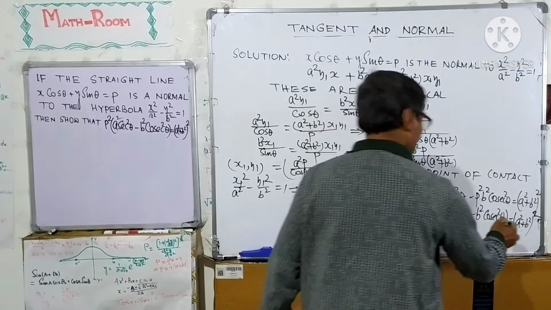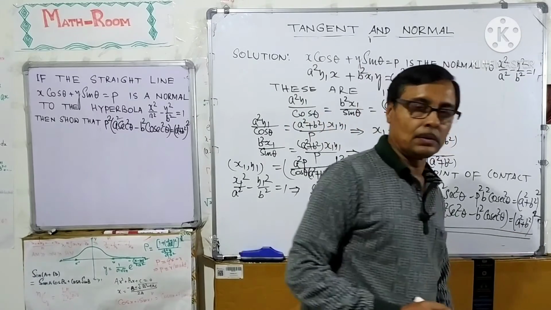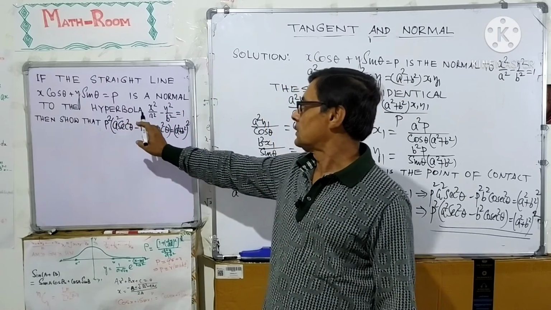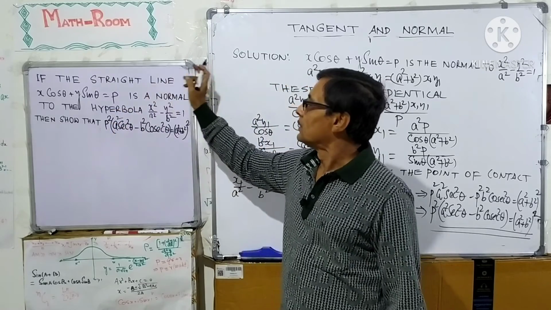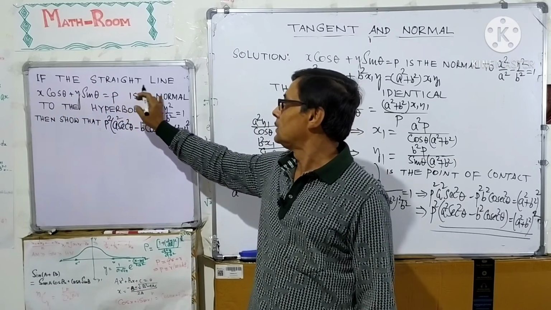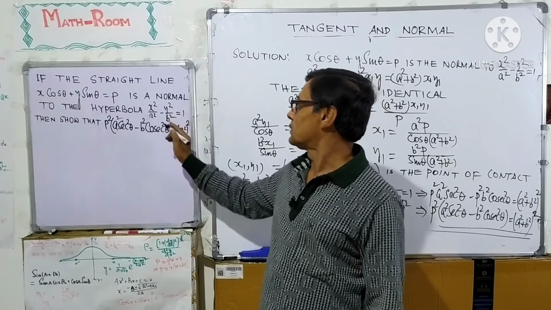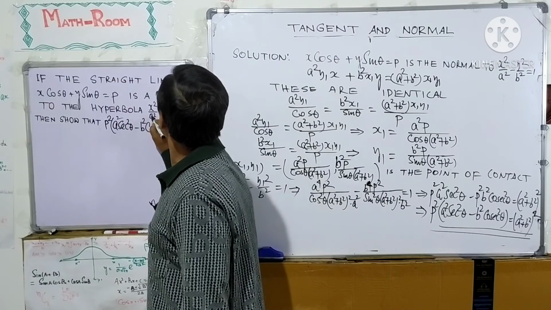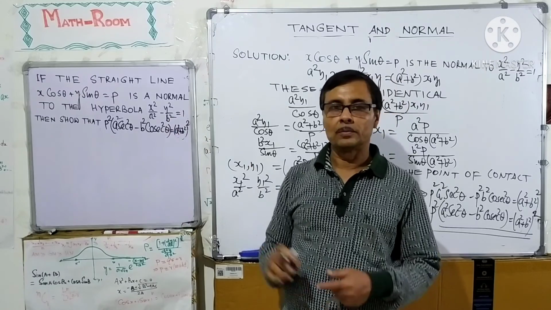This is the result. So, we have proved this relation, when the line x cos theta plus y sin theta equal to p is a normal to the hyperbola x square over a square minus y square over b square equal to 1. Thus, we have proved this relation.